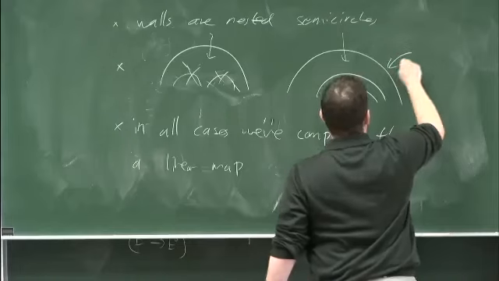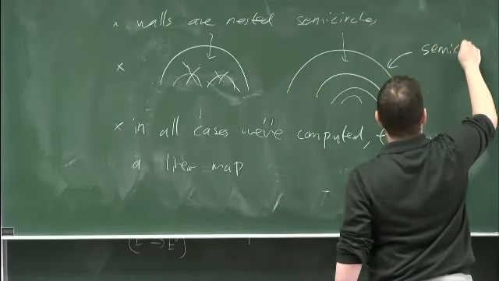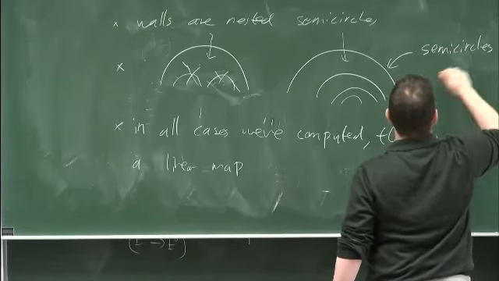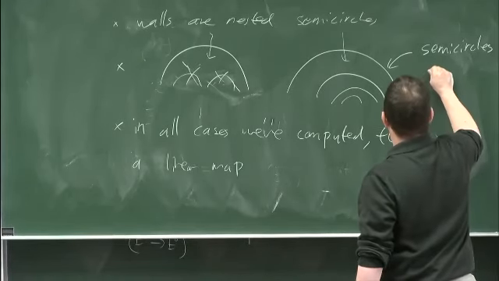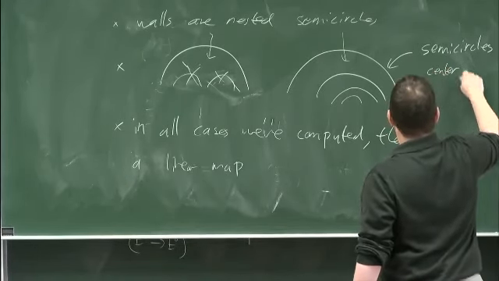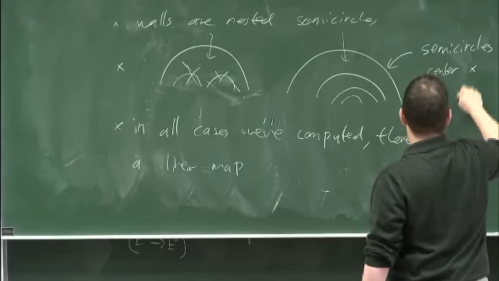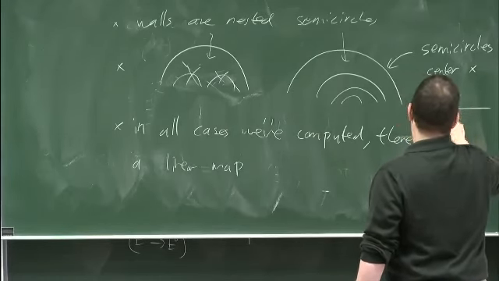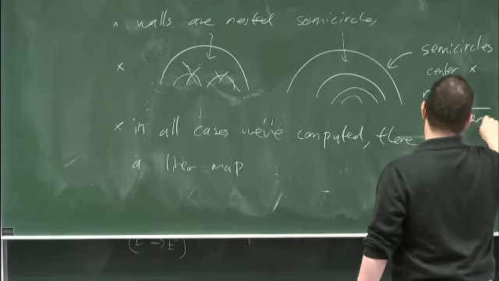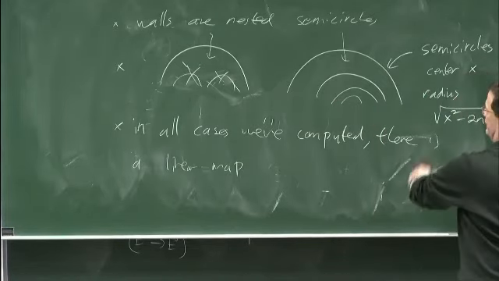These are semicircles. Actually, every wall in this slice on any surface is always a semicircle, with center at some point x and radius square root of x squared minus 2n.